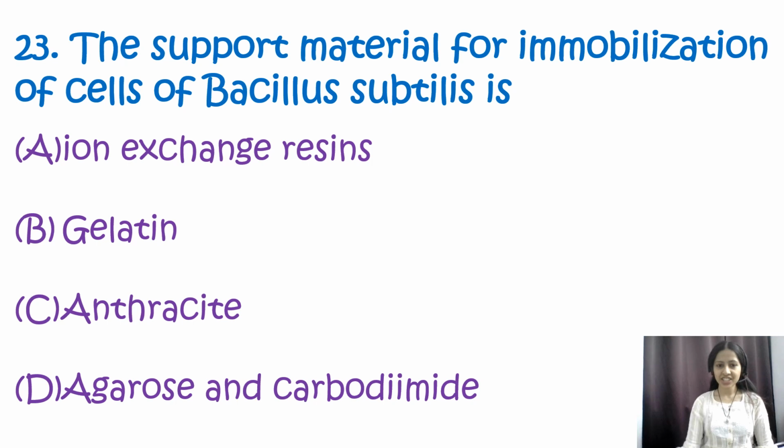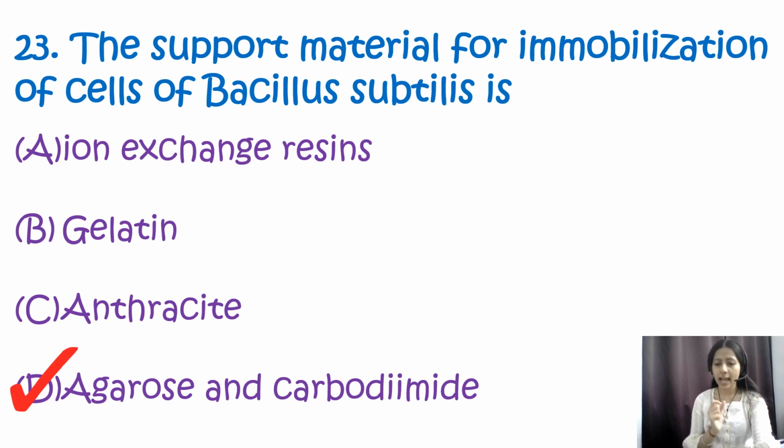Question number 23. The support material for immobilization of cells for Bacillus subtilis is, options are ion exchange resins, gelatin, anthracite, agarose, and carbodiimide. So over here the correct option is D, that is agarose and carbodiimide. The immobilization of cells involves entrapping or attaching cells onto a solid support matrix, allowing them to remain in fixed positions while still being able to carry out their metabolic functions.